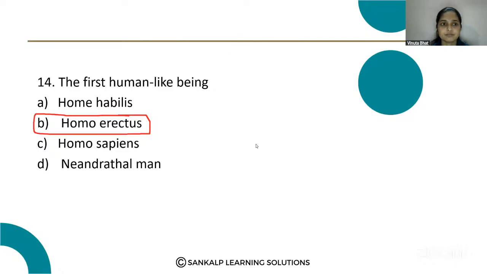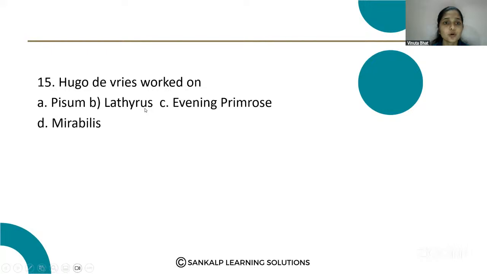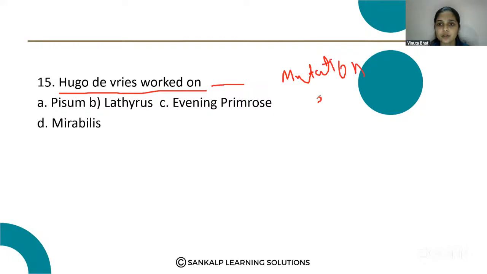Next question. Hugo de Vries worked on Pisum, Lathyrus, Evening Primrose, Mirabilis. Hugo de Vries proposed the theory of mutation and saltation.